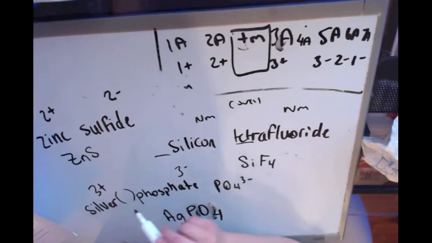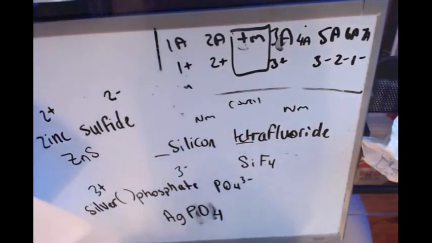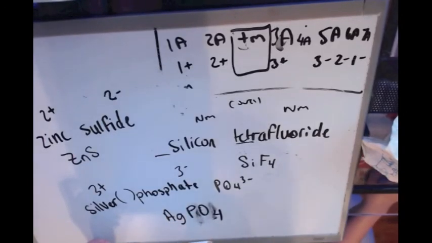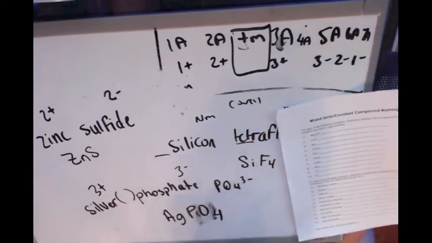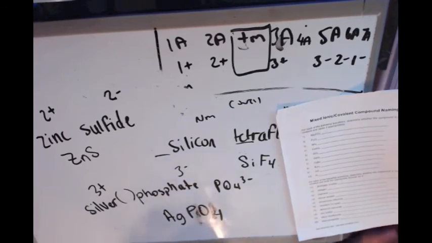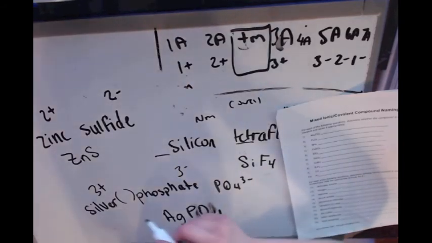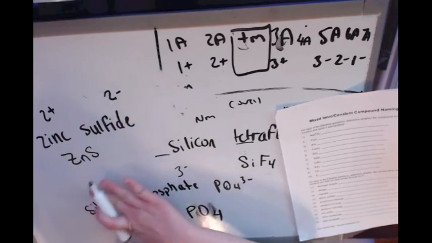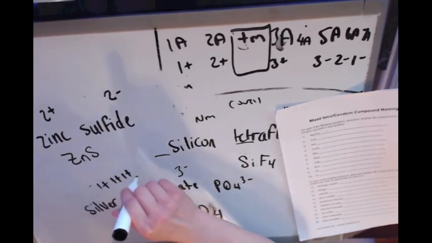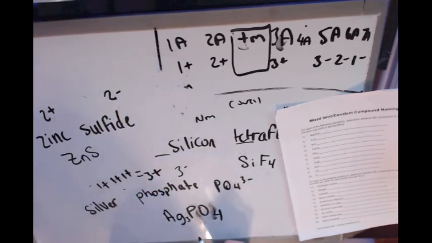There's no Roman numeral written there, so you can assume that it's 1, and this is 3 minus, so you need 3 of these 1s to equal 3 plus. So you have to write Ag3PO4.